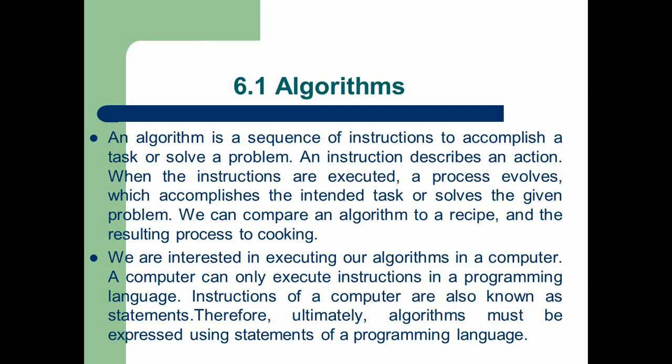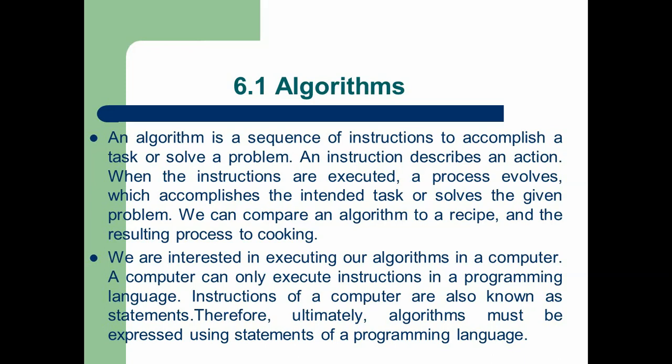Before we create a program, we should know what an algorithm is. Before we give any instruction to the computer, we should know how to give the instruction. That is called algorithm. The algorithm is the procedure where we learn how to form instructions and how to form a program.